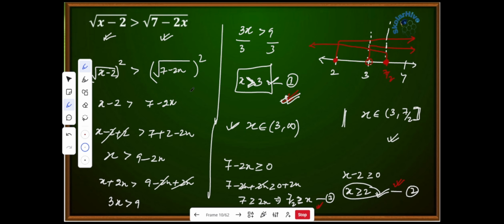Like here, for the square root of x minus 2, we have taken x minus 2 to be greater than or equal to 0. By solving this, we got x is greater than or equal to 2, and for the other we have taken 7 minus 2x to be positive, and from here we got 7 by 2 is greater than x. By combining all these three results, we got the answer.